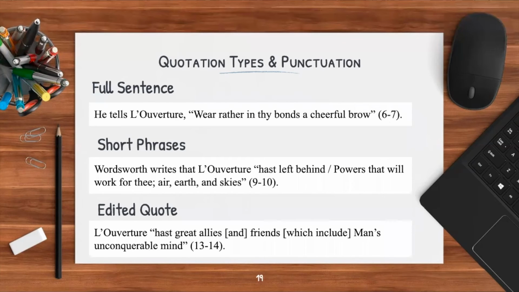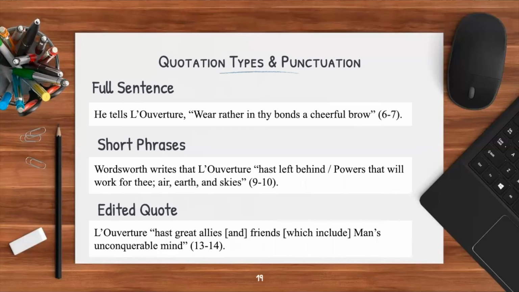So here are some different ways of incorporating a quote into your sentence. For example, in the first example, which we just read, the quote itself is a full sentence, and it's introduced by a short phrase describing it and a comma. In the second example, the quote, which is, "hast left behind powers that will work for thee, air, earth, and skies," that's not a full sentence.